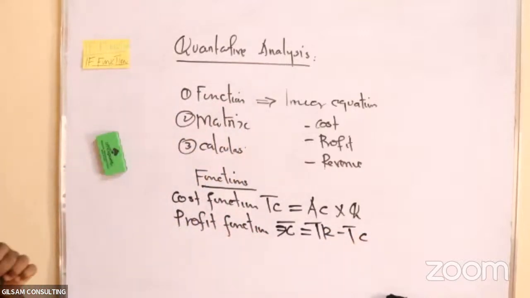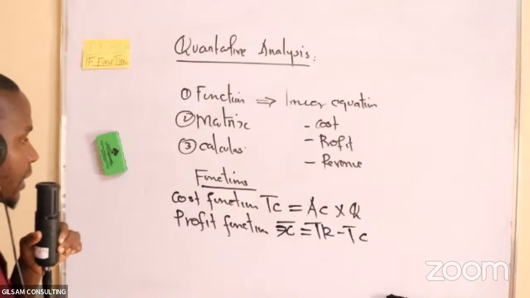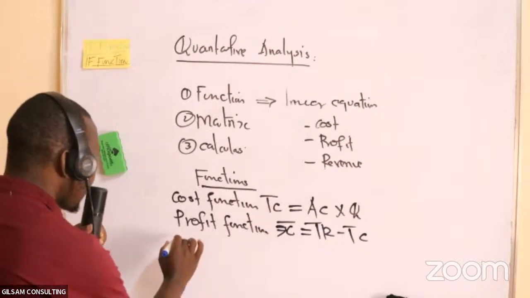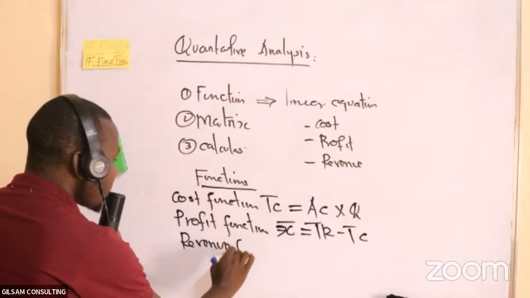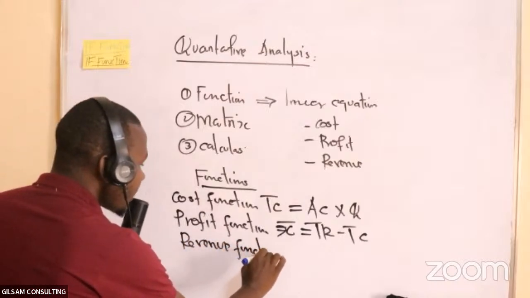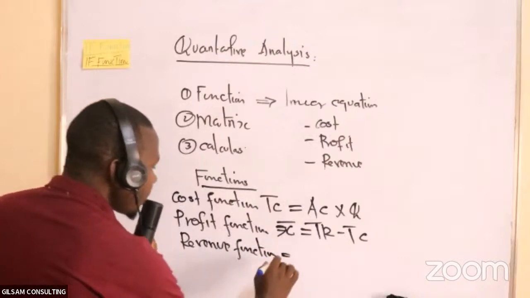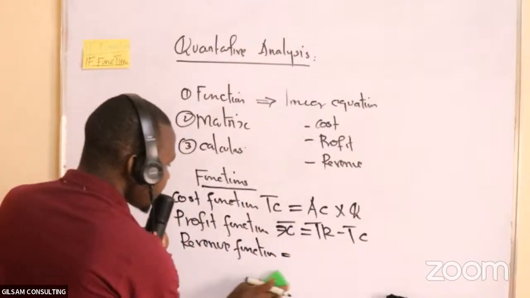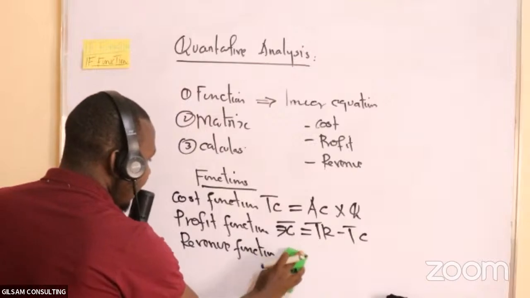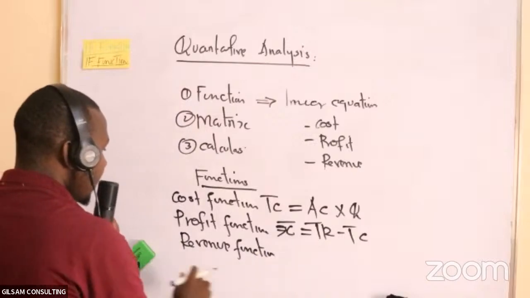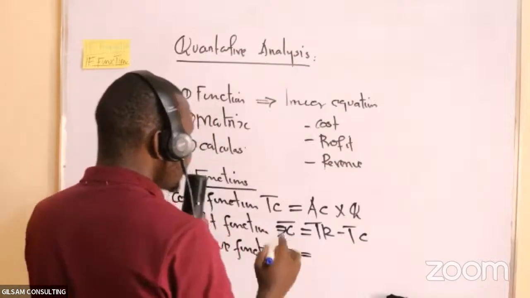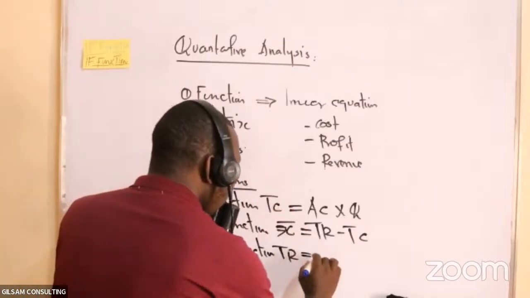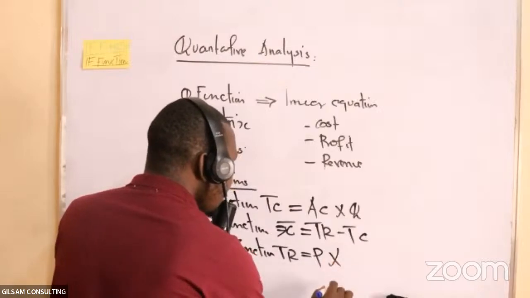Now we need the revenue function, which we write as TR, equals the selling price, or the price times quantity.